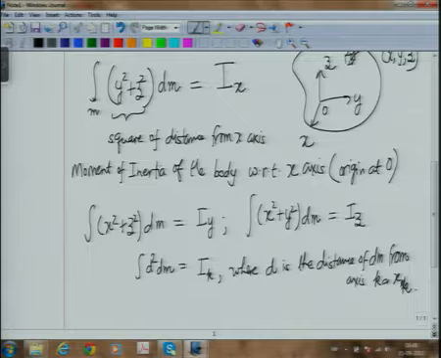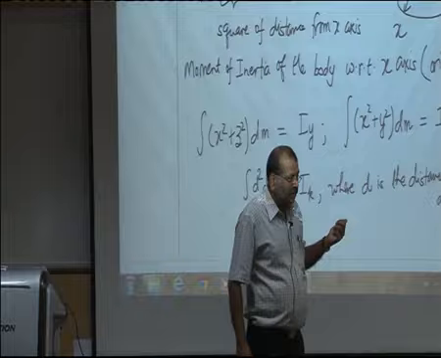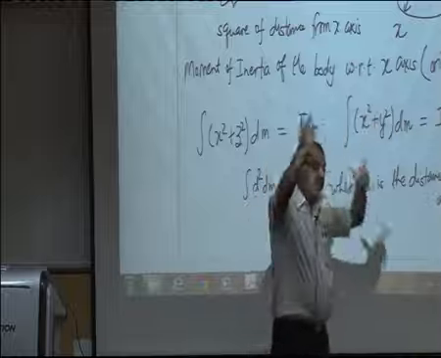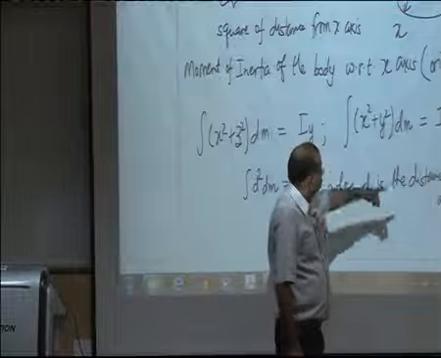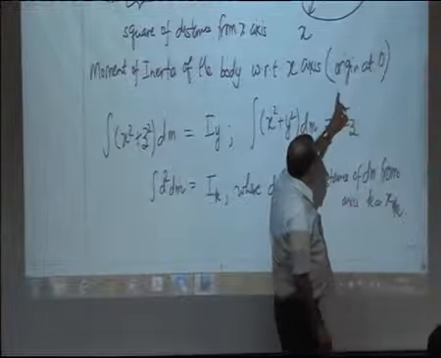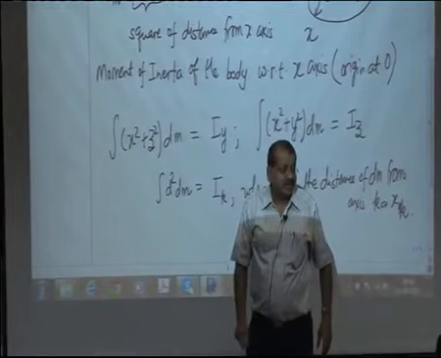Suppose I calculated it about a point A, which is on the body but not O. Then the moment of inertia about that point A, if I have three axes, will be different from about point O. The axes would pass through A, so the origin will be A. So the origin becomes important. In the other case, it will be origin at A, origin at B. So the origin itself could shift.